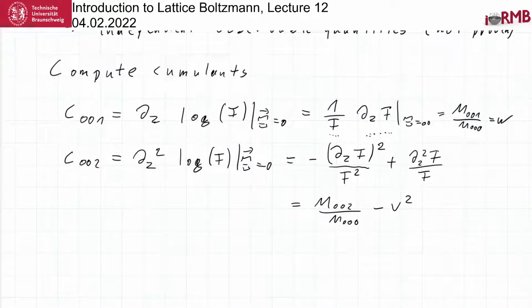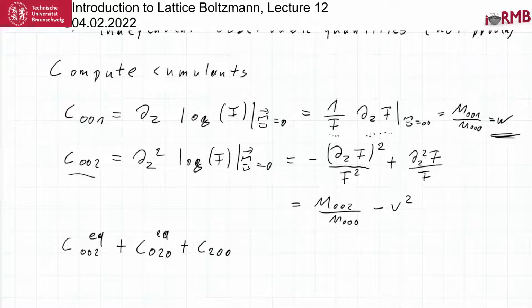Now, what we observe here is that this gives us exactly the velocity. If we give another look on the second order things, in particular, the trace of the second order moments, which is of course the sum of these three guys here.